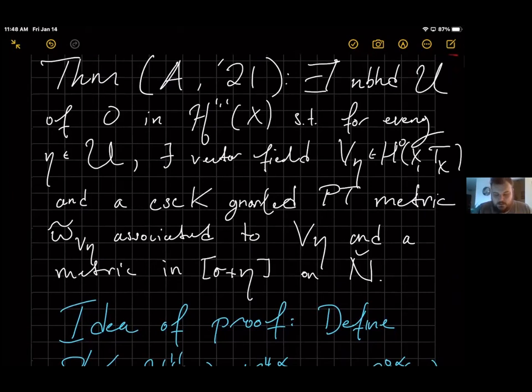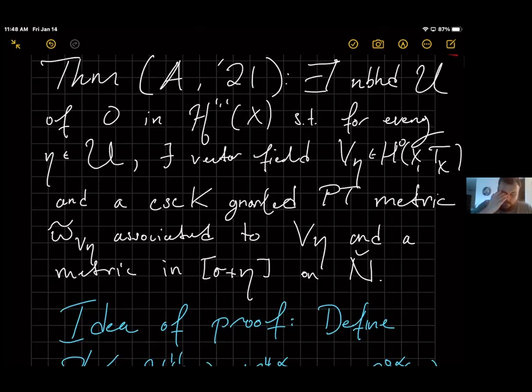Basically, we have a neighborhood in the harmonic (1,1)-forms, such that for every eta in that neighborhood, we can find a holomorphic vector field v sub eta that corresponds to it, and we can get a cscK gnarled Poincaré-type metric omega tilde sub v sub eta, which is associated to this vector field, as well as a metric in the class sigma plus eta on the space Im Brev.